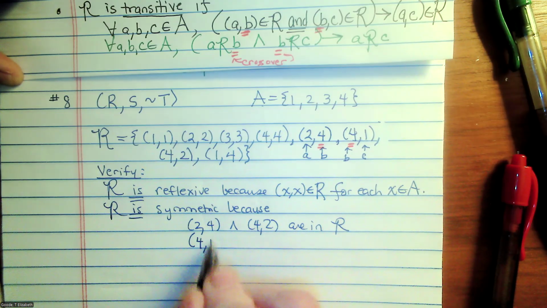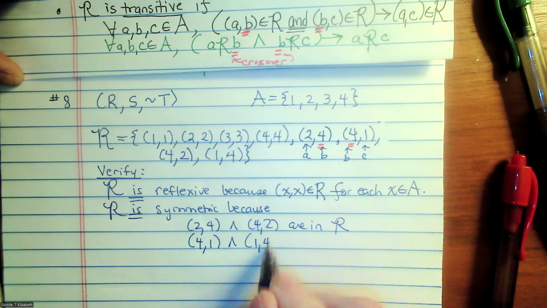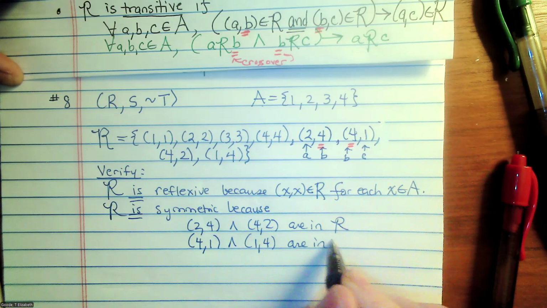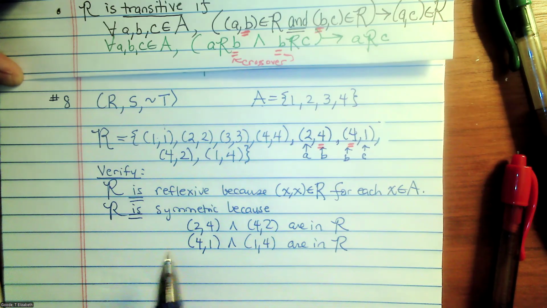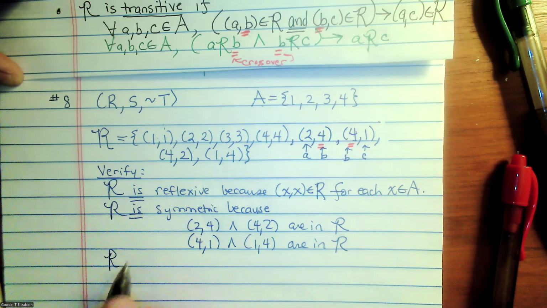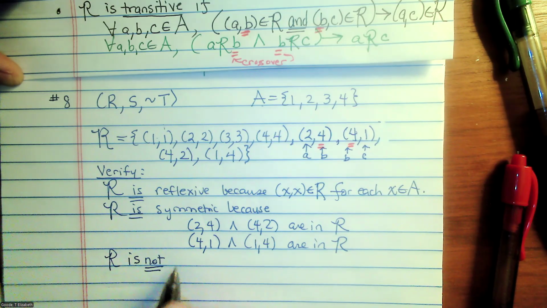And 4, 1 and 1, 4 are in curly R, and we don't have to worry about these other elements. And then how would we explain why curly R is not transitive? What would we say to verify that?